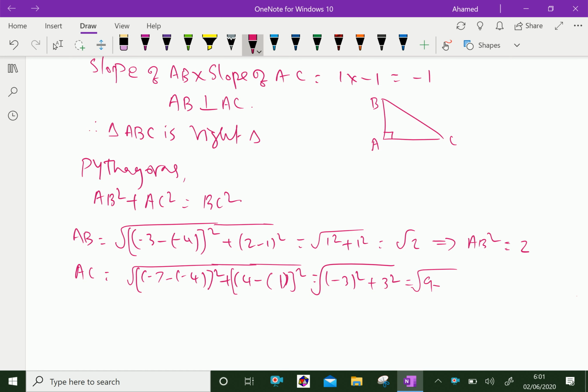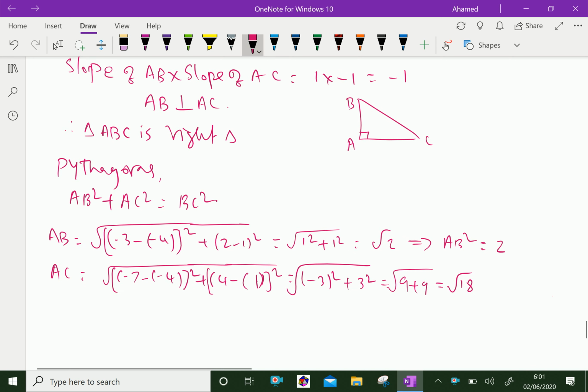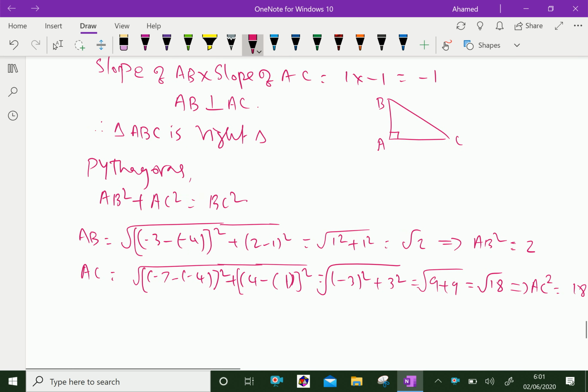Square root of 9 plus 9 equals square root of 18, which gives AC square equal 18.